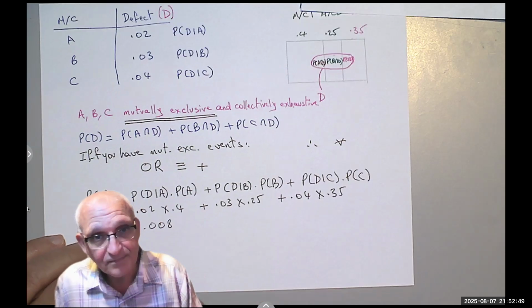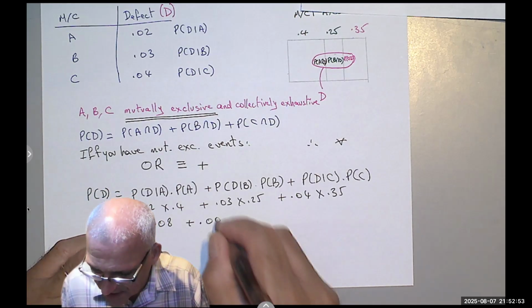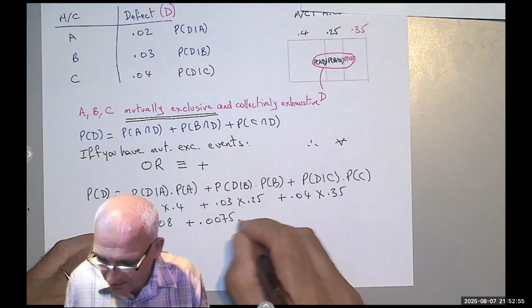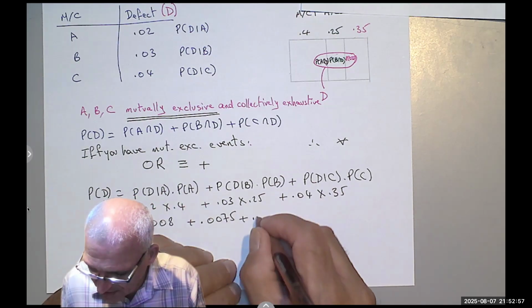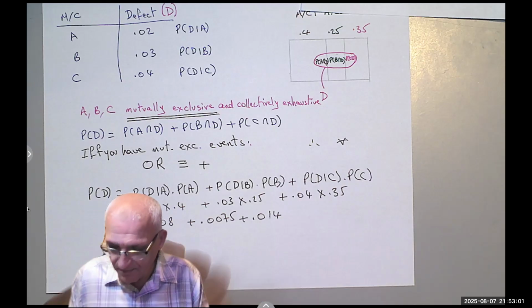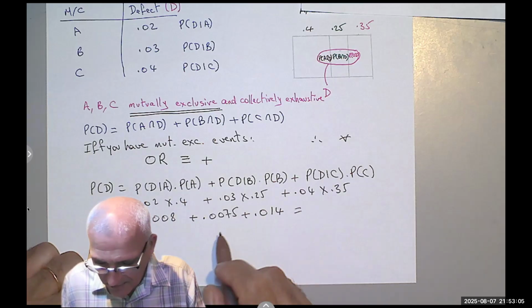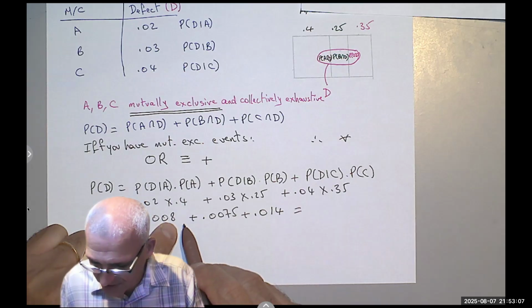0.008, right? Plus 0.0075 plus 0.014 equals, this would be 0.008.